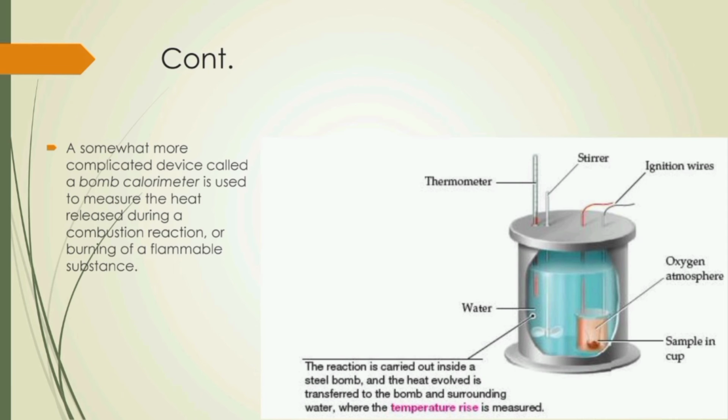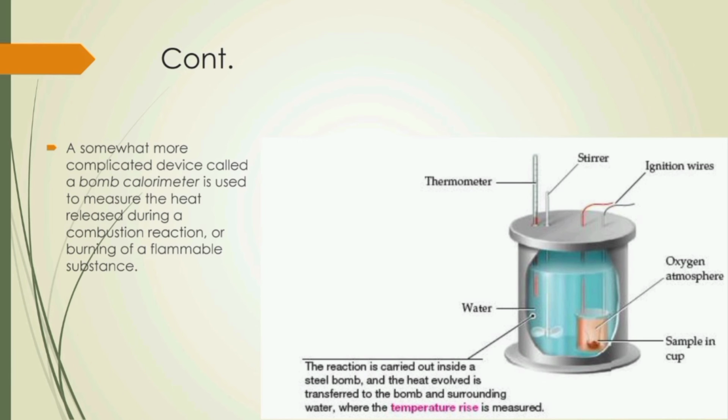So when the temperature rises, the reaction is carried out inside that steel bomb. That is why it is known as a bomb calorimeter. The heat evolved is transferred to the bomb and surrounding water, where the temperature rise is measured. The sample is placed in a small cup and sealed in an oxygen atmosphere inside a steel bomb that is itself placed in an insulated water-filled container.